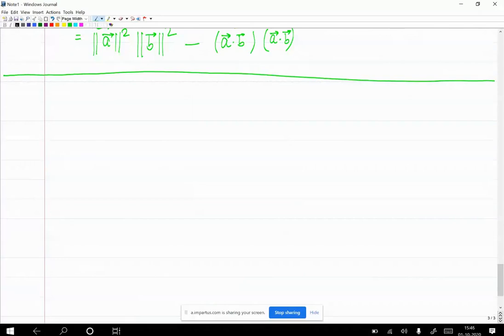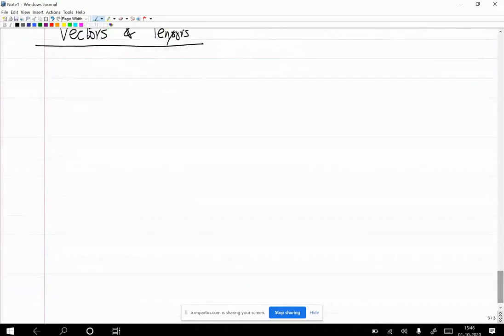Okay, so the next topic is vectors and tensors. So we want to learn about vectors and tensors. So let's start with vectors. And this is, by the way, in chapter 2 of Abhay Ratne, Volume 1.